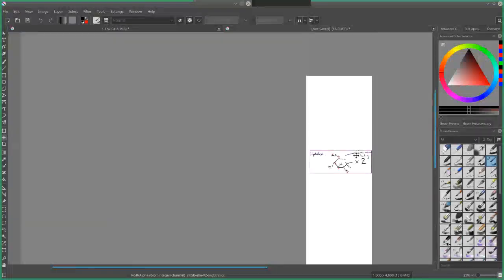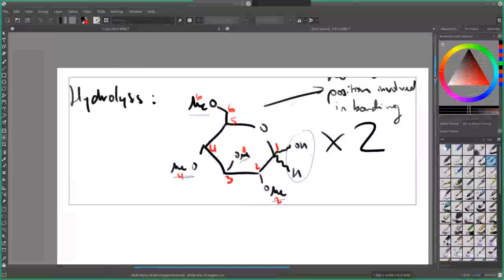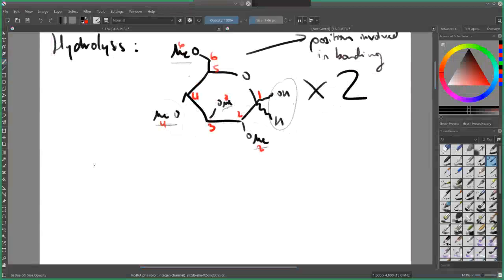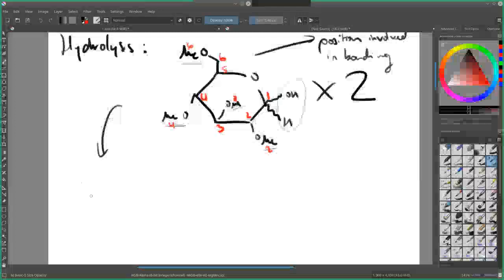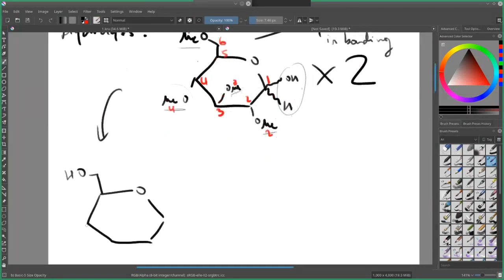Okay. So this is the only hydrolysis product, and we get 2 of them. Which indicates that whatever we started with must have looked like this glucose, and all of these are free alcohols.